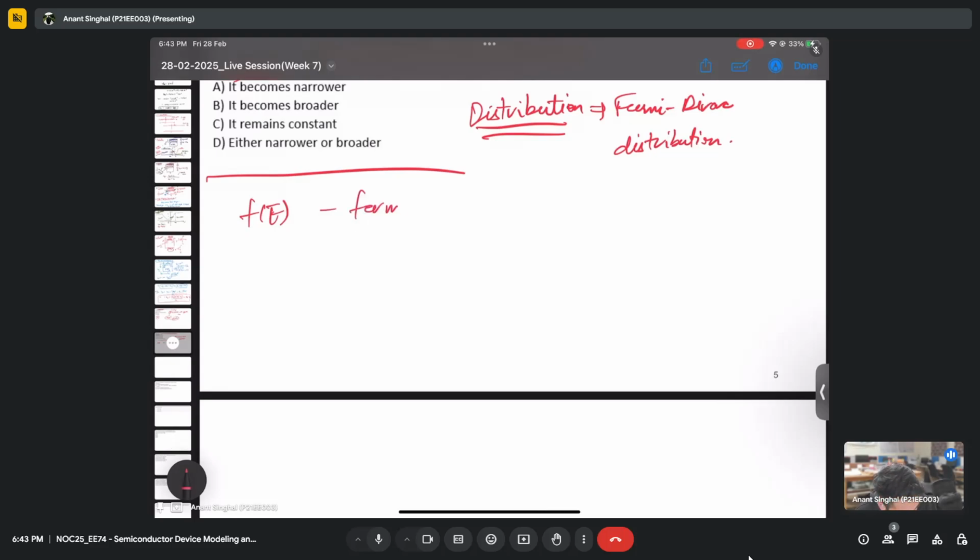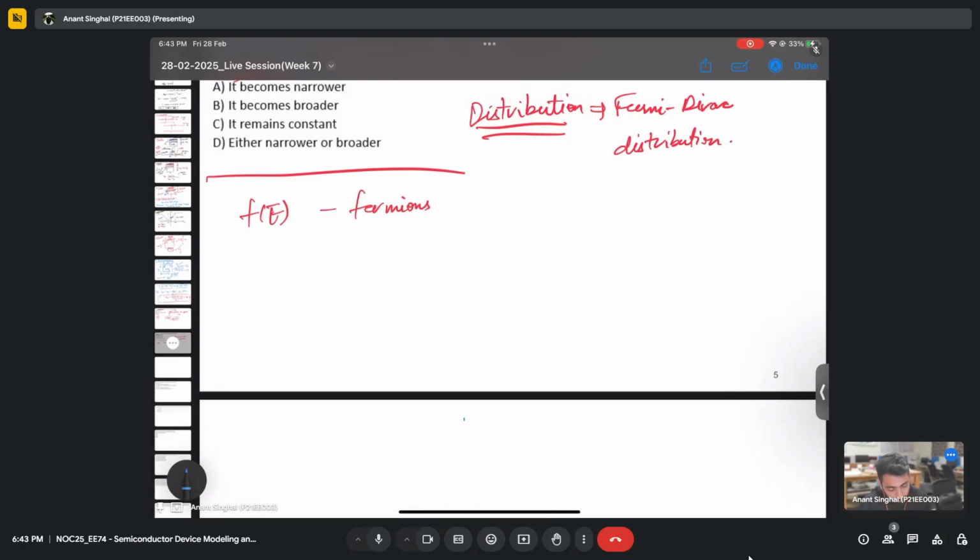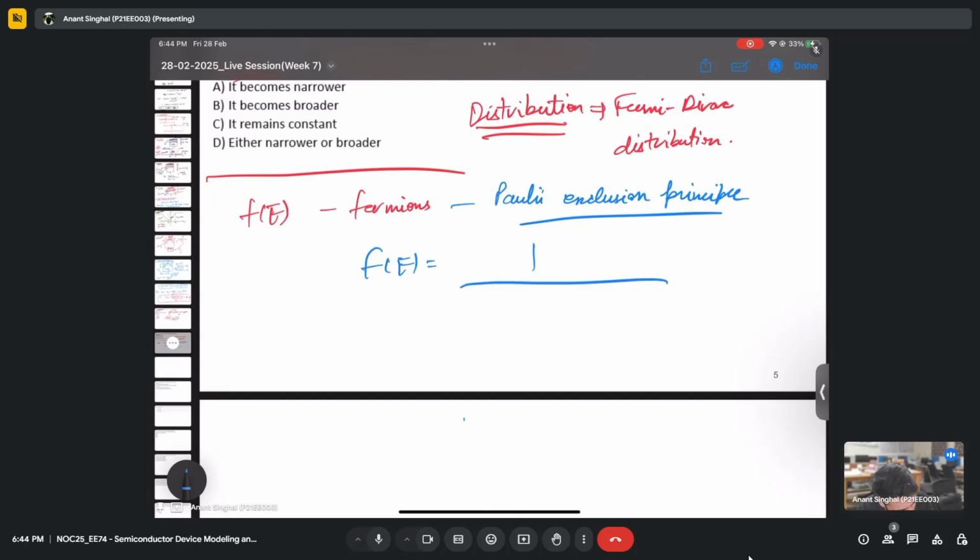This all comes from Pauli's exclusion principle, which states that no two electrons can have the same quantum numbers in the same state. The Fermi-Dirac function is 1 upon 1 plus exponential of E minus EF over kT.